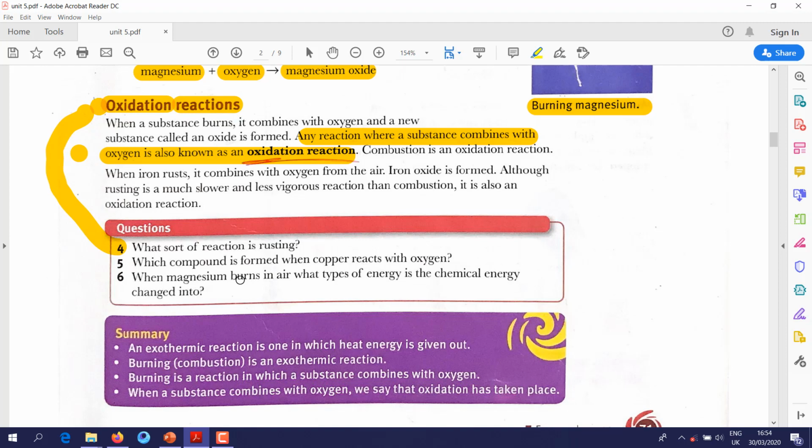Now, which compound is formed when copper reacts with oxygen? When copper reacts with oxygen, it will form copper oxide.